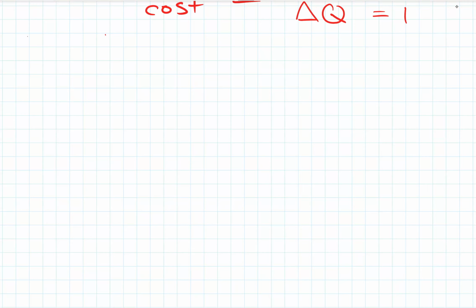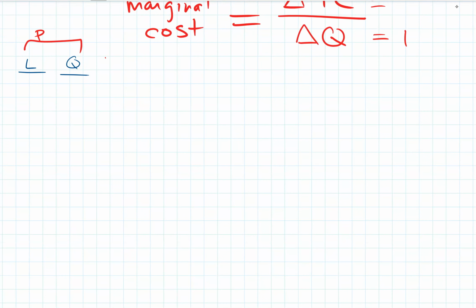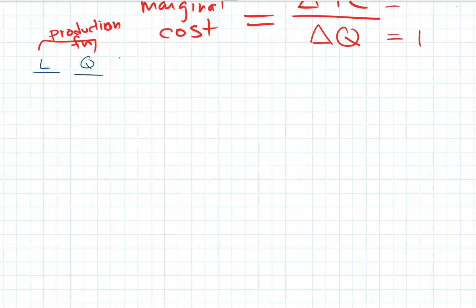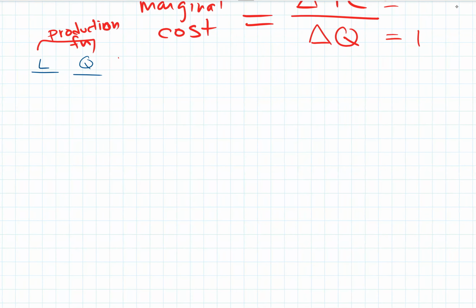Okay, so first we're going to have labor and quantity. So this right here is our production function. The production function is, and implicitly here we have capital, but let's suppose capital is just 1 unit. I'm not going to write it.